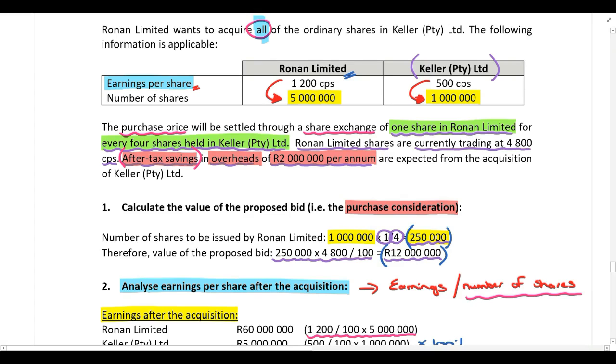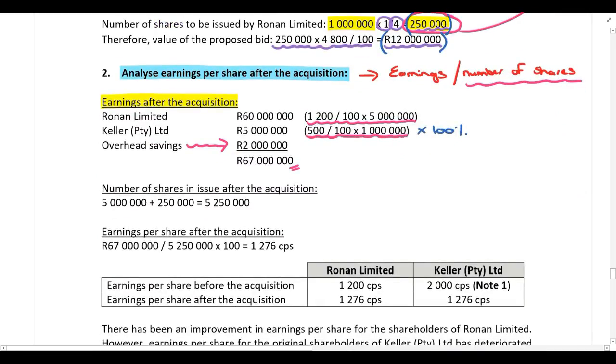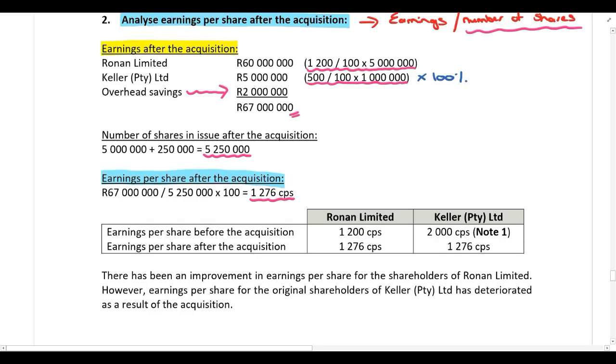So after the acquisition, there will be 5,250,000 shares in issue. So guys, using that information, you can calculate earnings per share after the acquisition. Very simple calculation. All right, we can now discuss this in detail.